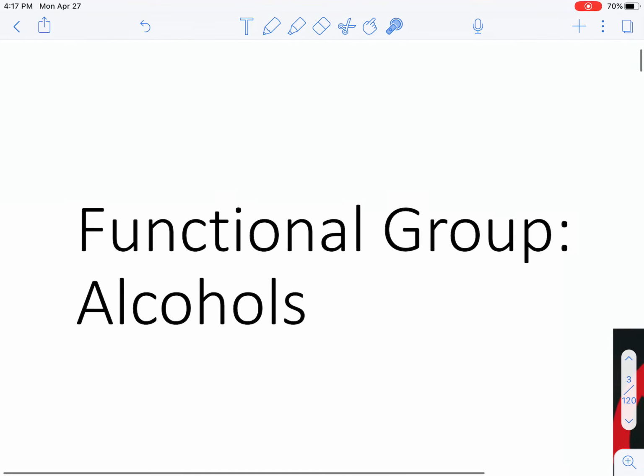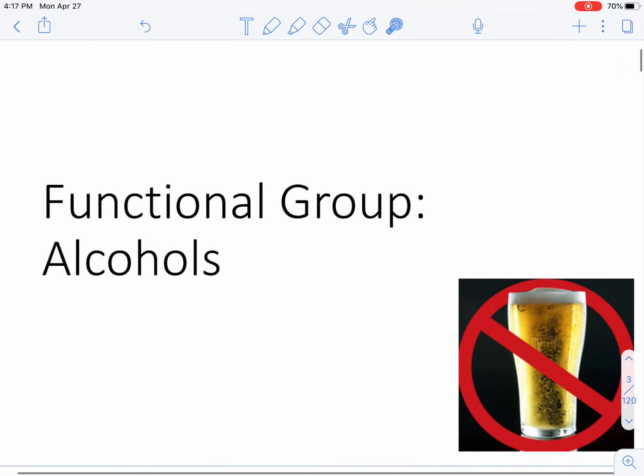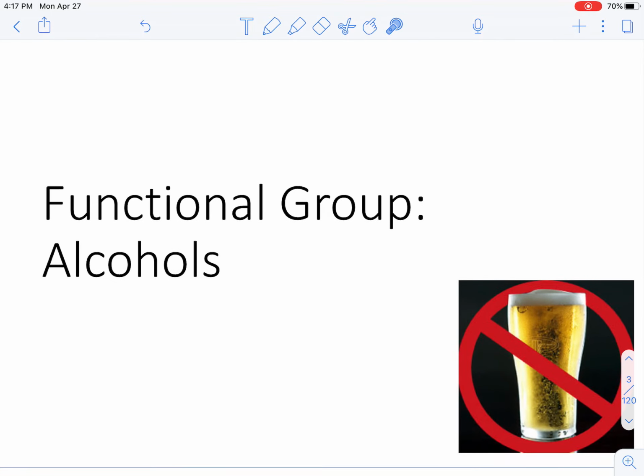The first functional group that we're going to discuss is alcohols. You have crossed paths with the word alcohol before. Maybe the word alcohol has been dropped in a conversation that involved liquor, or having a fun night.